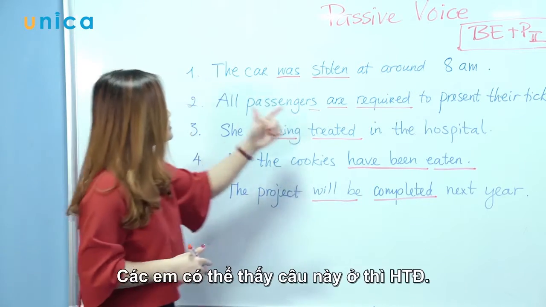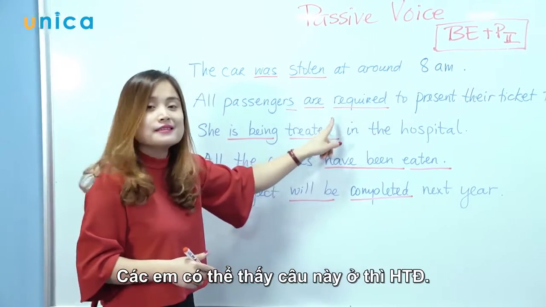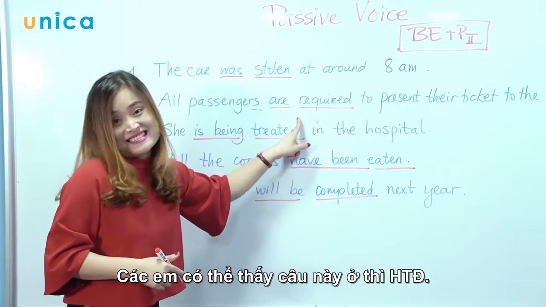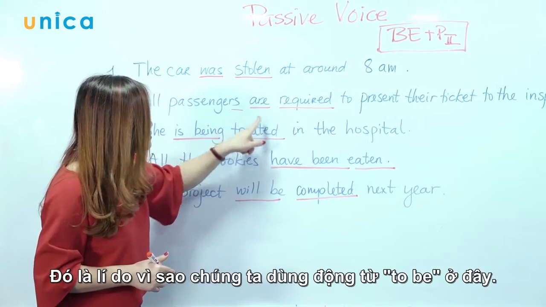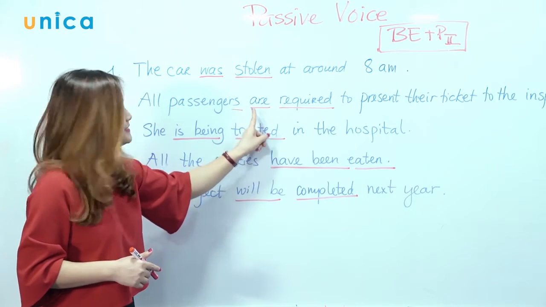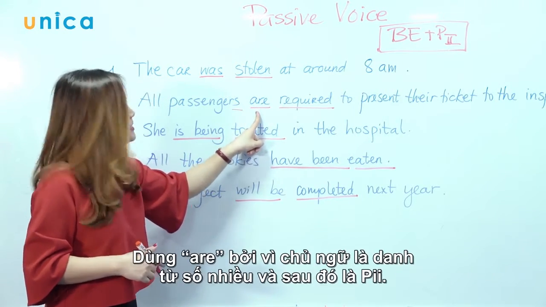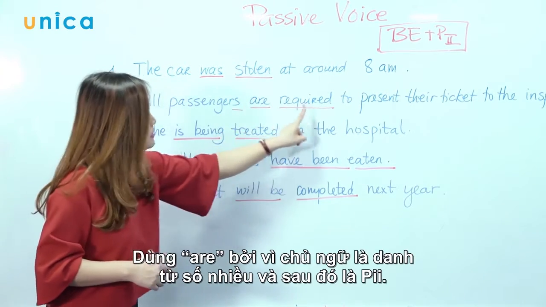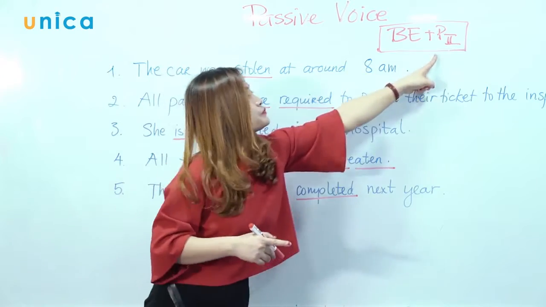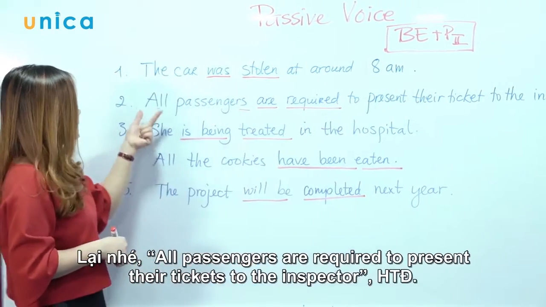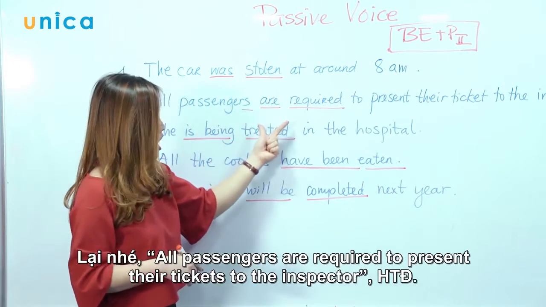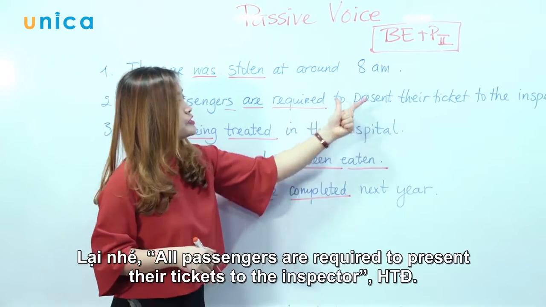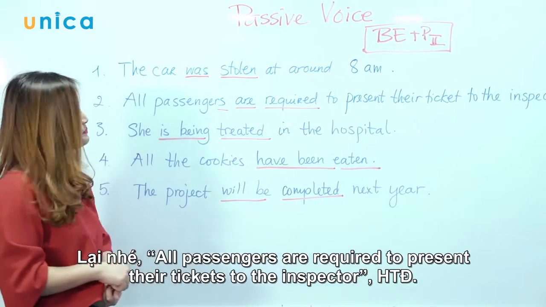All right, so you see, this sentence is in simple present. So that's why we use the verb to be here. It is are, because the subject is a plural noun. And then P2. Again, all passengers are required to present the ticket to the inspector.